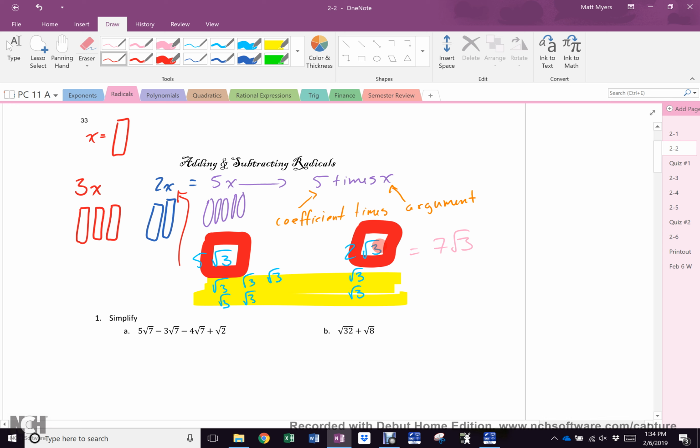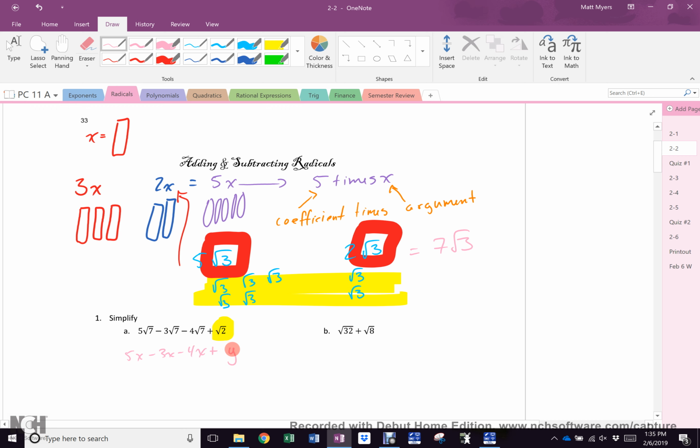Everybody good? So let's look at that first super easy one. They're not all the same. So can I do anything with that guy? No. So if this was in x's, it would be 5x minus 3x minus 4x plus what? No. We're changing it to letters. What would it be here?